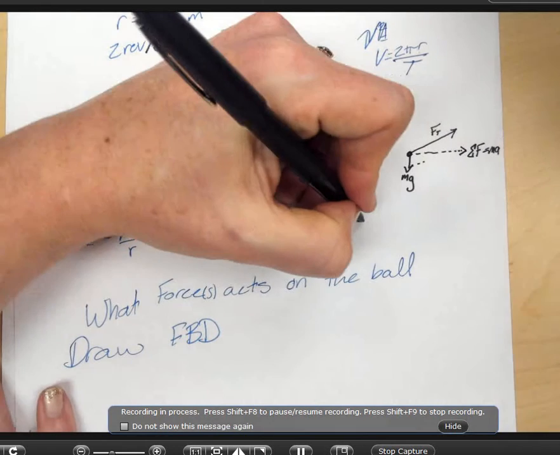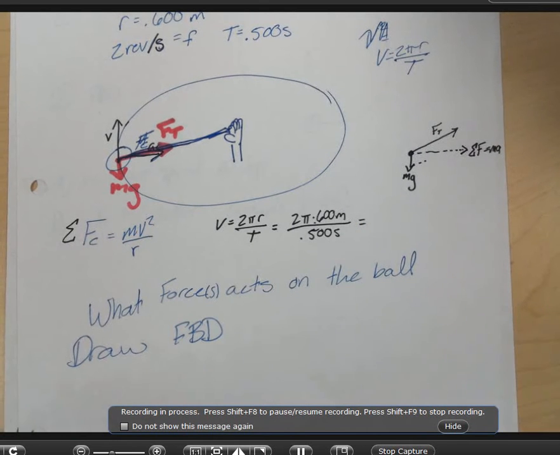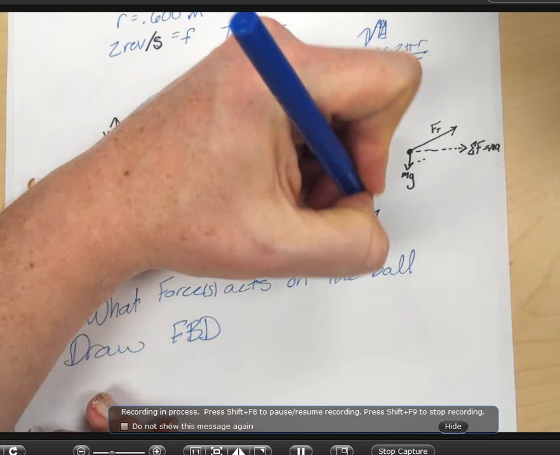So we end up with a velocity of, bear with me here, 2 times pi times 0.600 divided by 0.500, and we get a velocity of 7.54 meters per second.